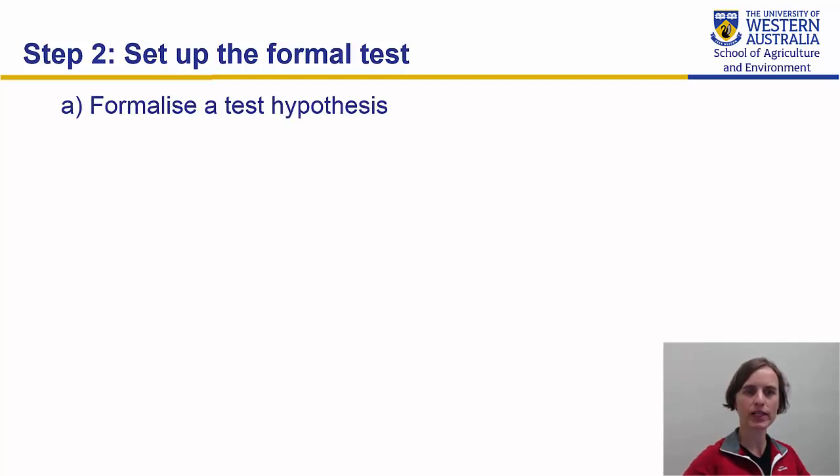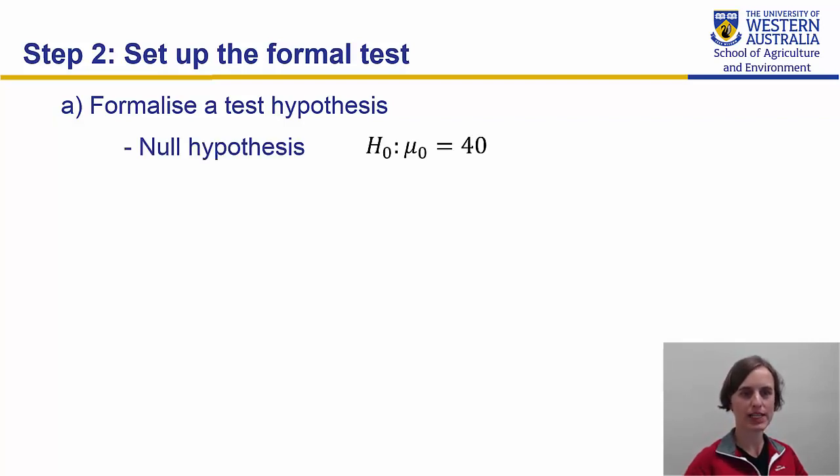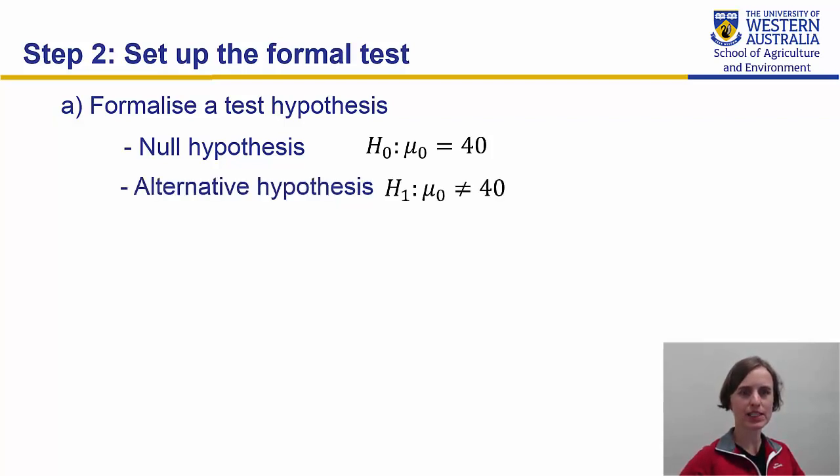First of all, we formulate the hypothesis. A statistical way of presenting a null hypothesis is H0, and the hypothesis here is that the mean is 40. Our alternative hypothesis is that it's not 40.